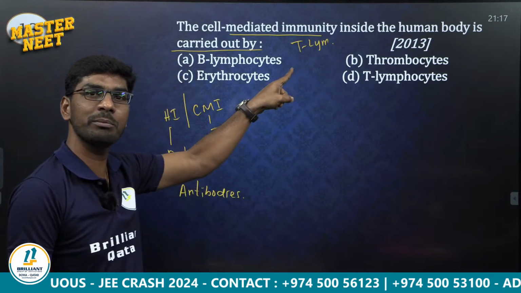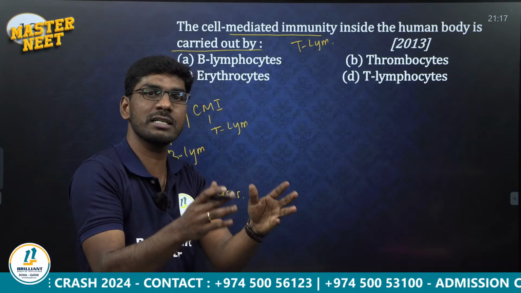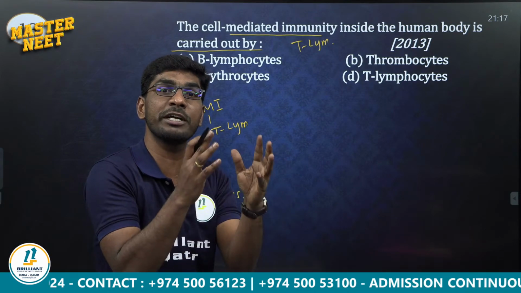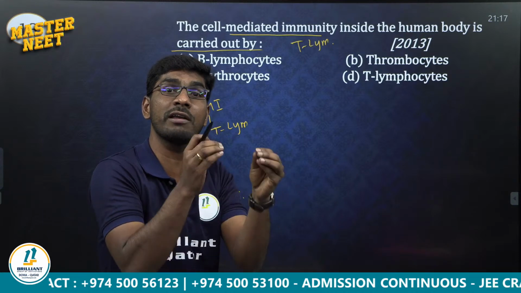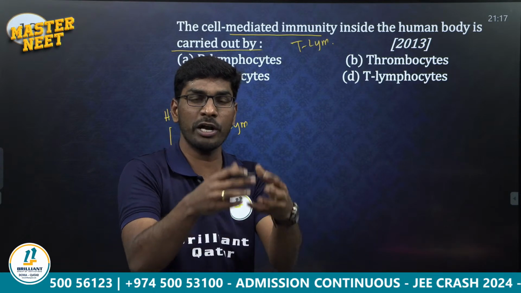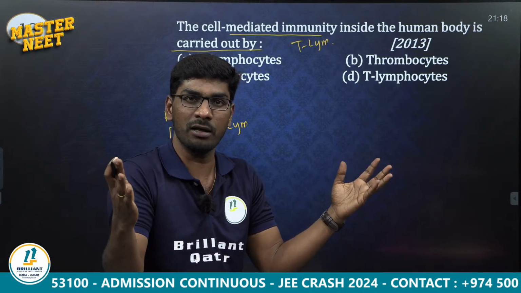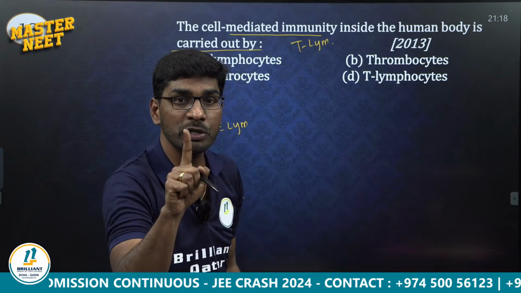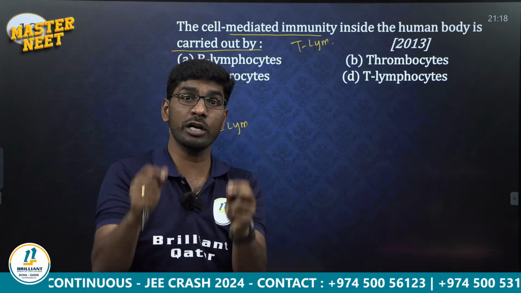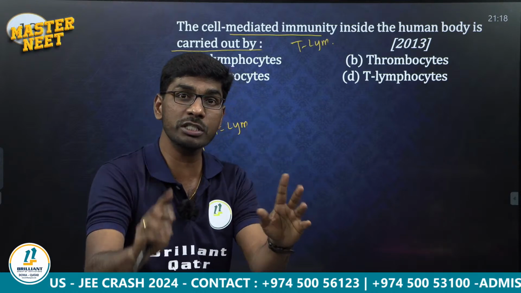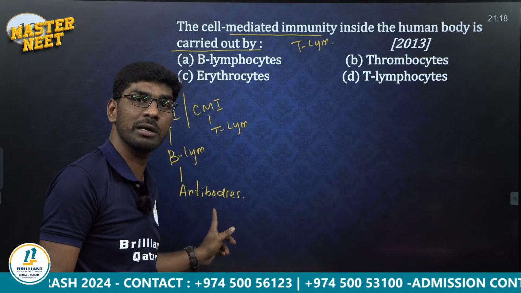So what is cell mediated immunity? These T lymphocyte cells, especially TC cells, will destroy the virus infected cells, and they make a perforation, and they will rupture the entire cell. So it is, beta, not by the production of antibody. If it is production by the antibody given in the question, remember that is humoral immunity.